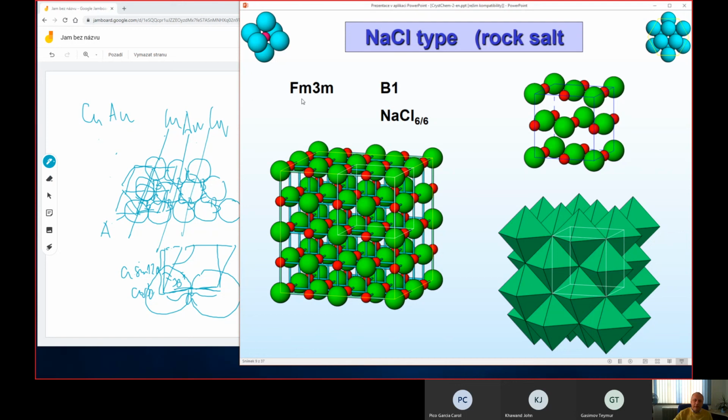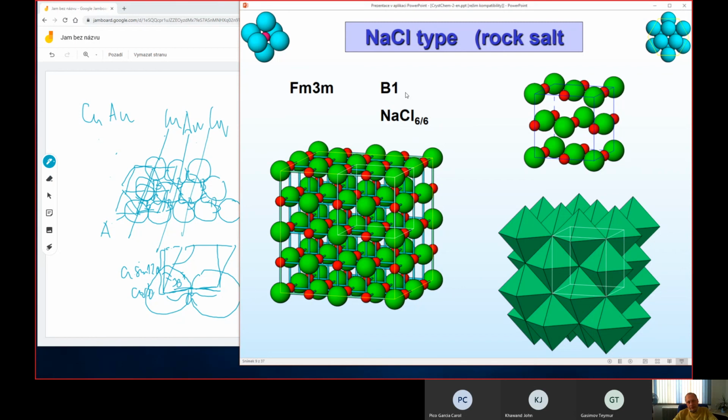The resulting space group is the same as for the simple FCC structure, and here the formula involves also the coordination numbers of both atoms. And this symbol was used in the past as a classification symbol for these different crystal structure types.